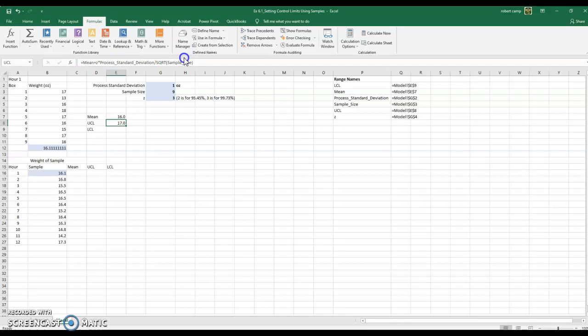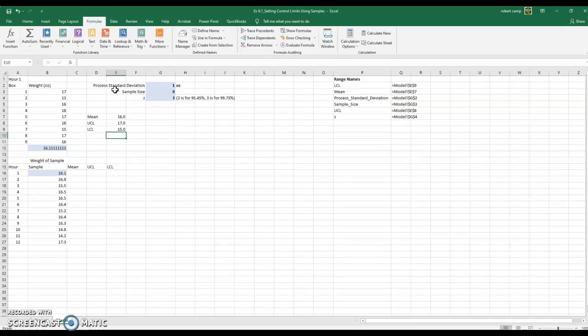These are all locked in with range names, so if I just drag this down, none of this is going to index. All I have to do is come in here and make that plus or minus. Okay, so now I have my upper control limit and my lower control limit. So my mean is 16 ounces, the upper control limit 17, lower control limit 15.